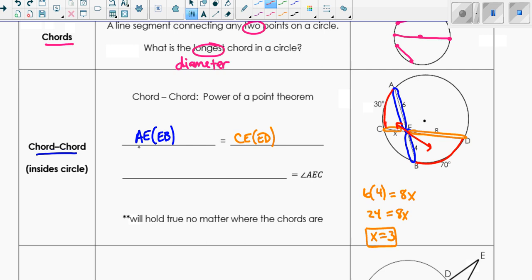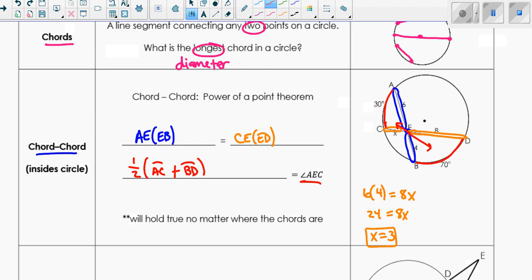So we can figure out this angle by taking half of arc AC plus arc BD, and that will equal angle AEC, which then is the same as DEB.